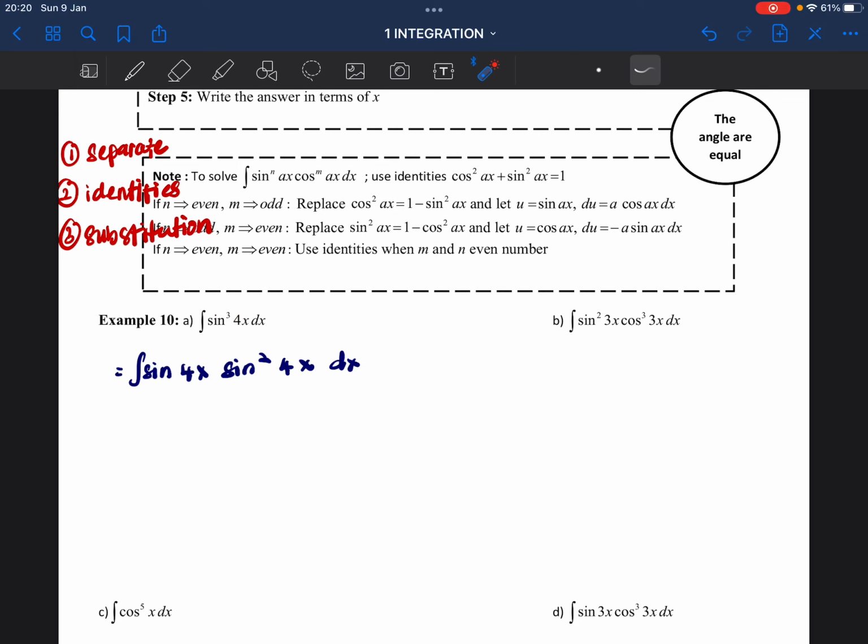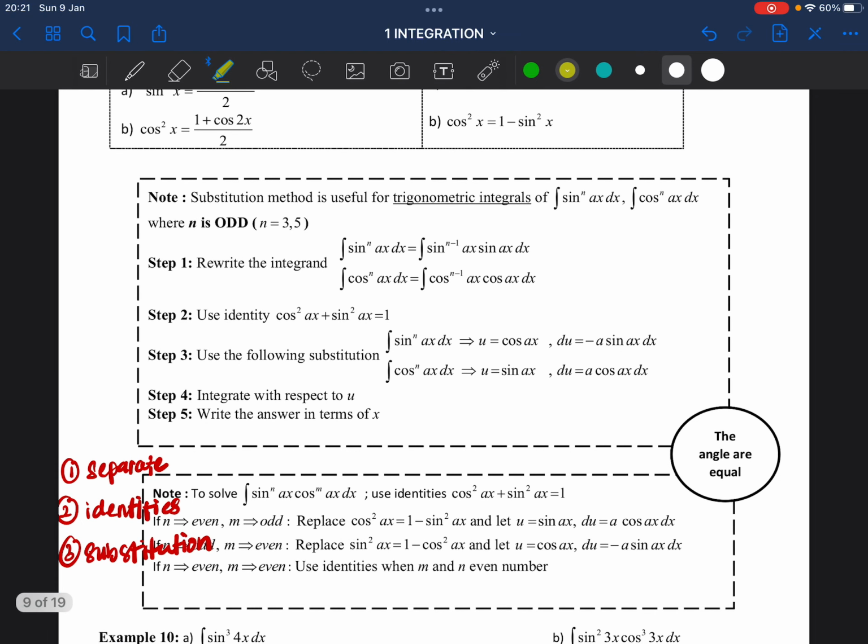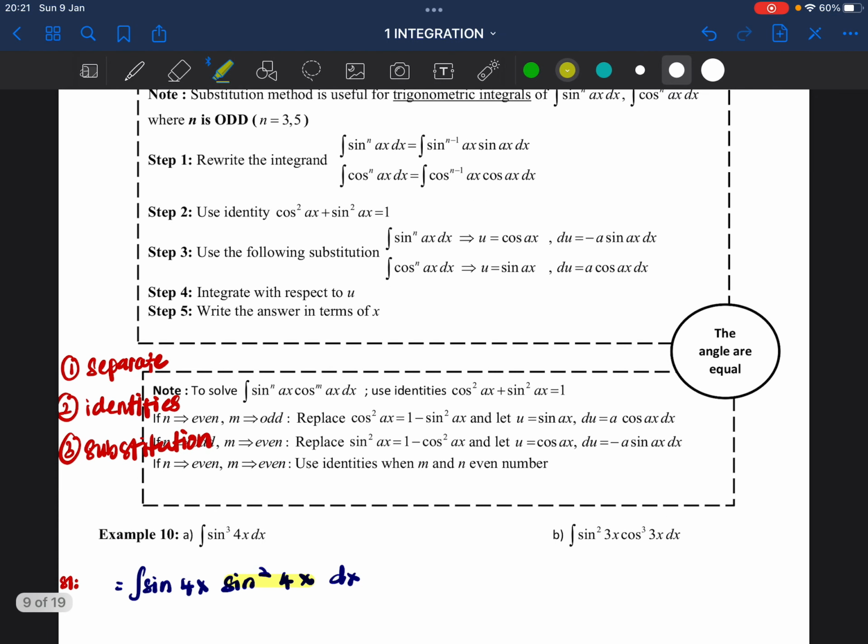So the first step is you have to separate. The second step is we have to use identities. Which part do we want to use identities on? Obviously this part here. Remember your identity: cos square ax plus sine square ax equals to 1.